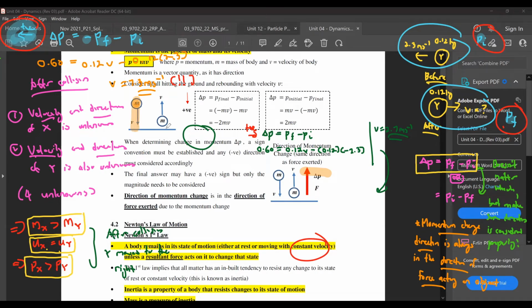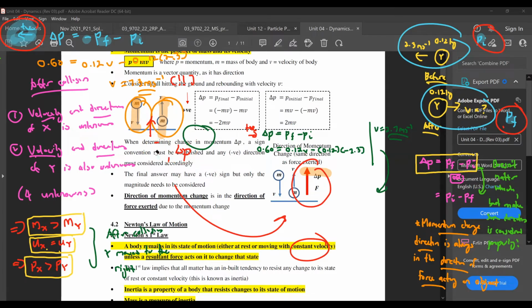It falls to the ground and then rebounds upwards. The direction of our force will be upwards, because this is what causes the ball to rebound upwards, right? So because the force acting on the ball is upwards, this is also the direction of our momentum change. That's why I drew it here like this. My momentum change is upwards, my force is also upwards.